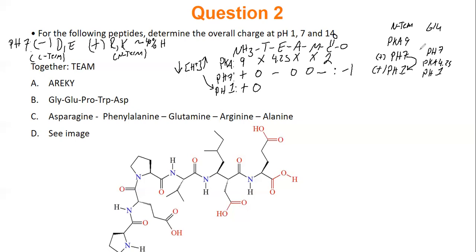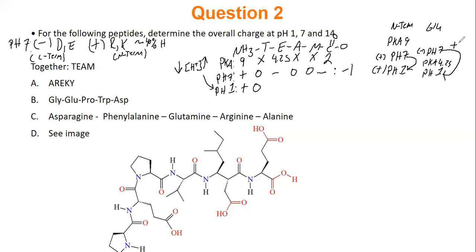And I'm always going to start at 7. That's my home base. And at 7, we're negative. Now, if you see when I make my arrow, I go from 7 to 1. I cross my pKa. That is, at a pH of 7, I'm higher than my pKa. At a pH of 1, I'm lower than my pKa. When I start above my pKa and go below my pKa, I gain a hydrogen.